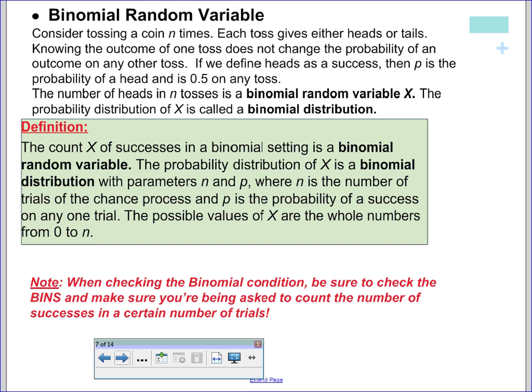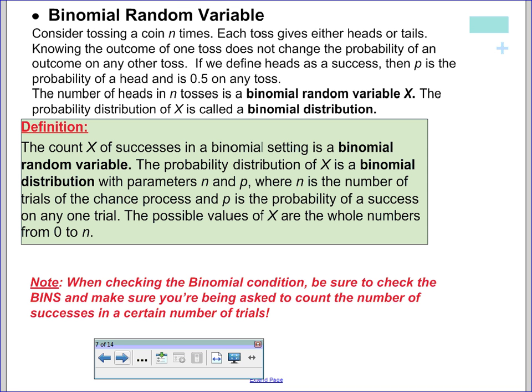So then we have a binomial random variable, and that's, once again, a random variable in a binomial setting. If we toss a coin and we get heads or tails, the probability of success each time is 0.5. If we were to actually do this 10 times, we'd see a binomial distribution of all the different outcomes.